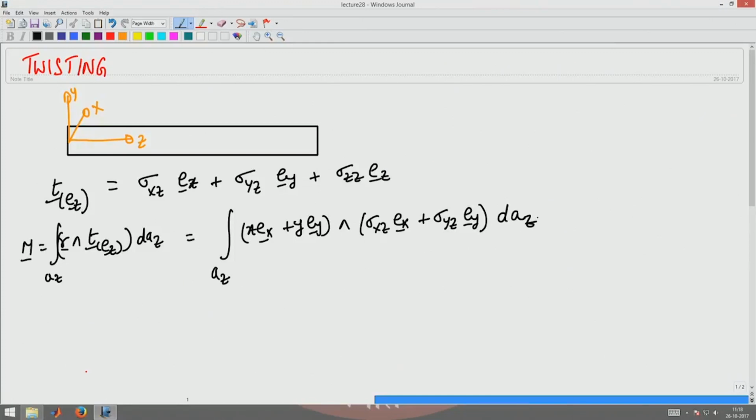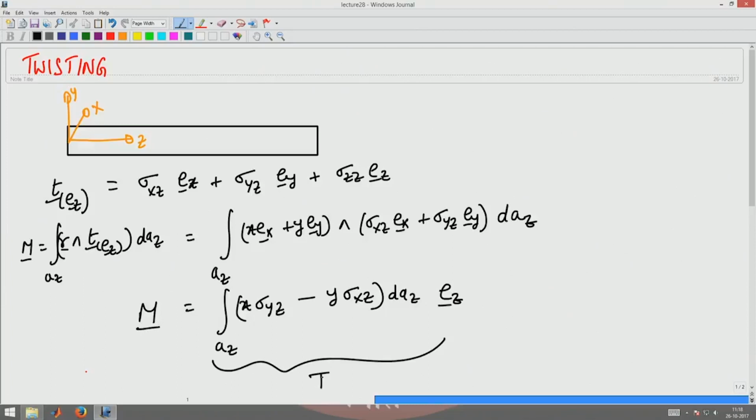So this will be the integral of x sigma_yz minus y sigma_xz dA e_z. This is the torsional moment, M_z, the torsional moment in the beam.